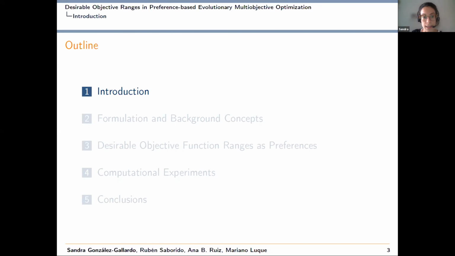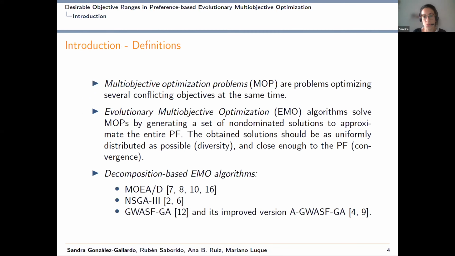Well, multi-objective optimization problems are problems optimizing several conflicting objectives at the same time. Usually, there is no unique solution that achieves the individual optimum of all objectives at the same time. So, the so-called Pareto optimal solutions are defined.